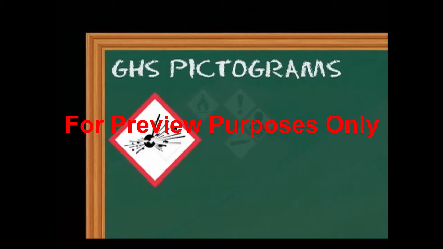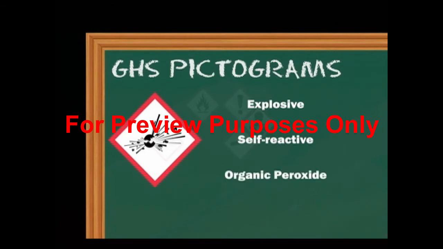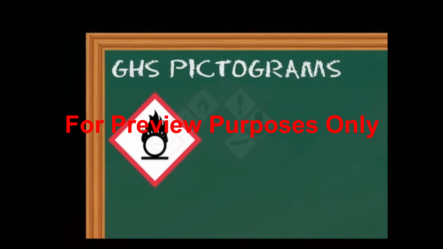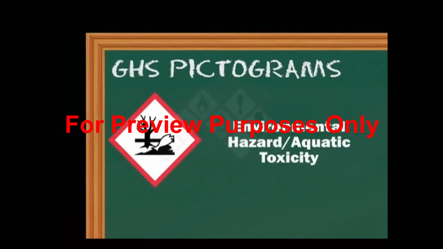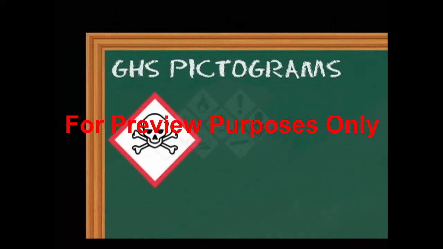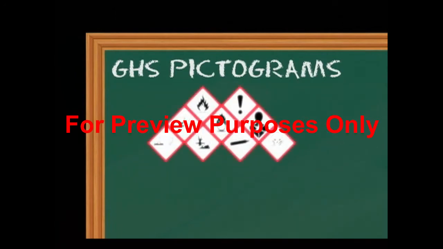An image of an explosion tells workers that the substance is explosive, a self-reactive, or is an organic peroxide. A picture of a flame over a circle indicates that the chemical is an oxidizer. Images of a tree and fish indicate that the chemical is an environmental hazard and has aquatic toxicity. And the image of a skull and crossbones tells workers that the chemical is acutely toxic and that exposure can be toxic or even fatal.